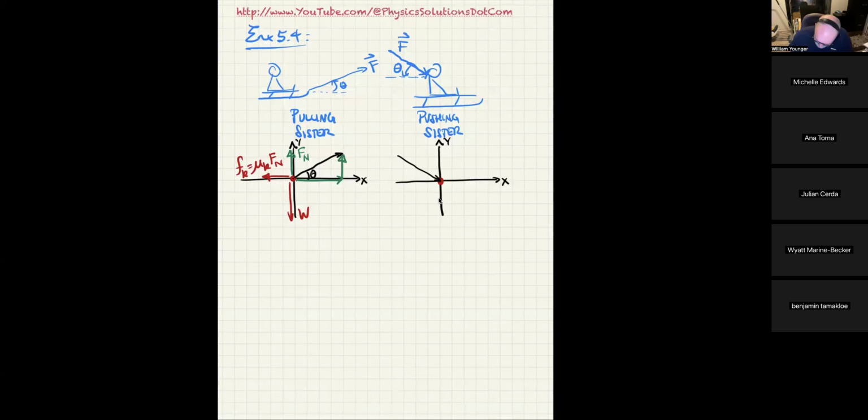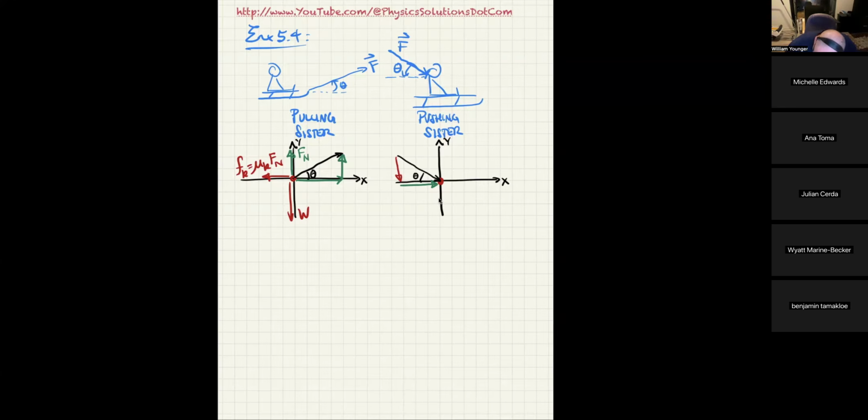All right, so there's that force and there's that angle theta again. This time the component of the force in the y direction is negative, but the component of the force in the x direction is positive. So we have the same horizontal pulling force, but the y component is opposite in the two scenarios.